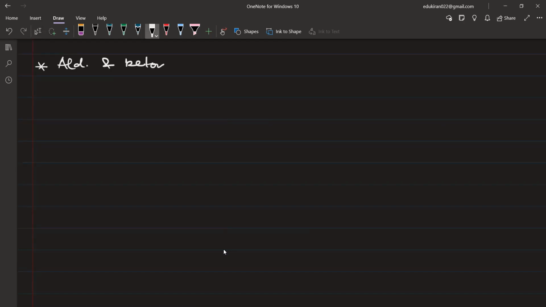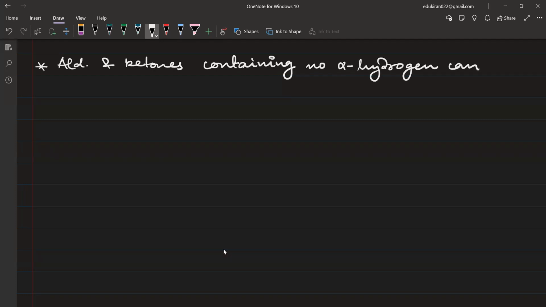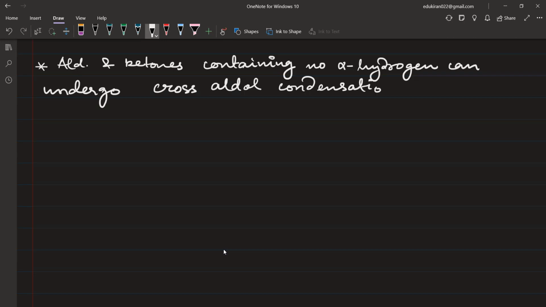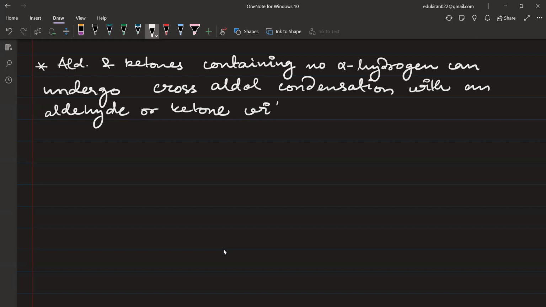Aldehyde and ketones containing no alpha hydrogen can undergo cross aldol condensation with an aldehyde or ketone with at least one alpha hydrogen. ठीक है?